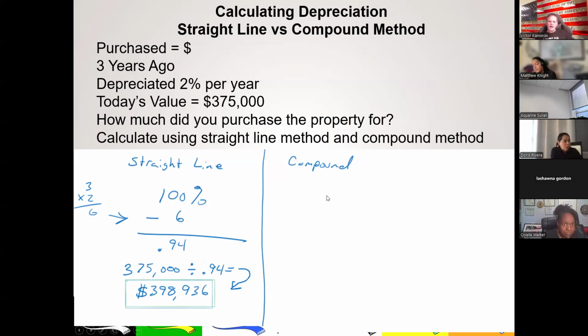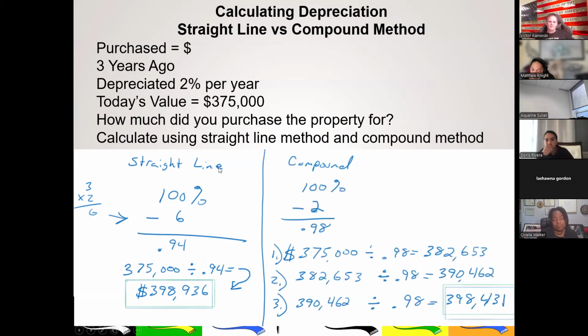Now if we're doing the compound method, we do 100 minus 2%, because then we do the math problem 3 times, once for each year. And are we going to multiply or divide? Divide because you're getting the past. We're still dividing because we're still trying to figure out a value in the past. So 100% minus the 2% is 0.98.